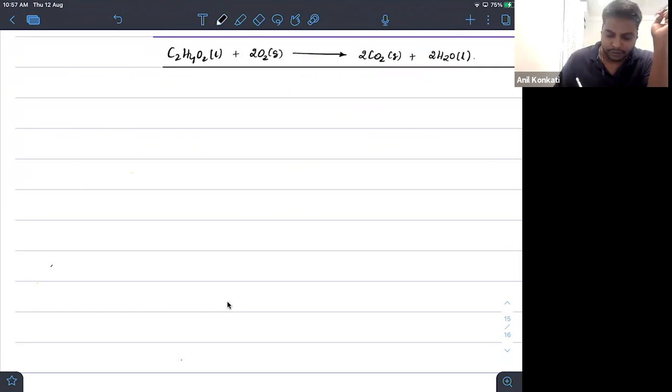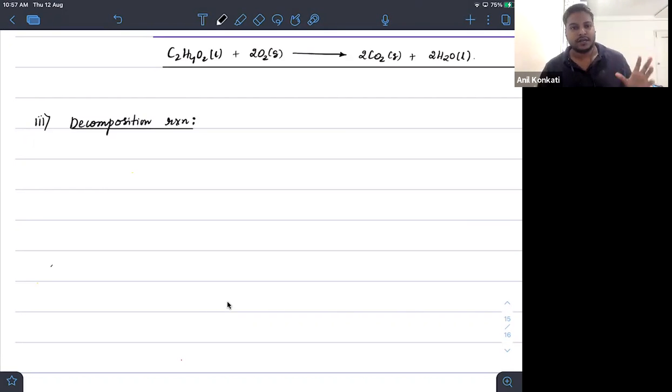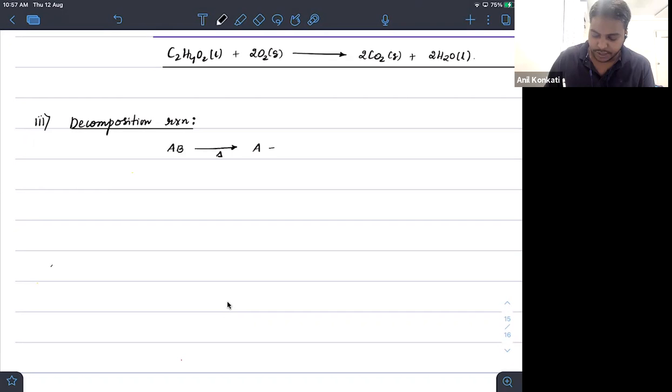Now write down the types of reactions. We have already started the types of reactions. The third type of reaction is decomposition reaction. A reaction where a substance on heating undergoes decomposition, which means any substance like AB, if you heat it and you get A and B, this is called decomposition.